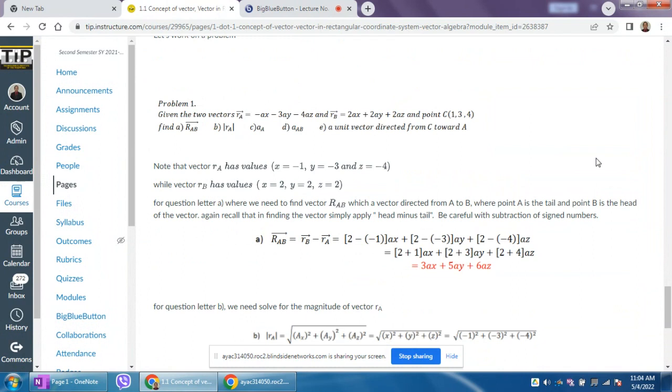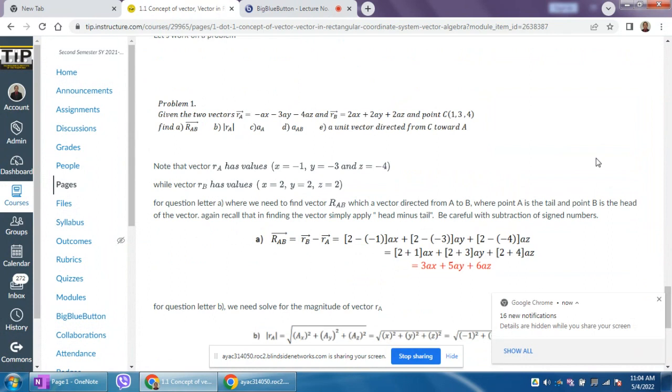Take note, yung point C po, pwede rin natin i-represent ng vector. At yung vector, pwede rin natin i-represent ng point. Kaya lang, laging ang reference mo doon is the origin. For example, yung point C na may coordinates 1, 3, and 4 may be written as 1ax plus 3ay plus 4az. So, pwede po yun.